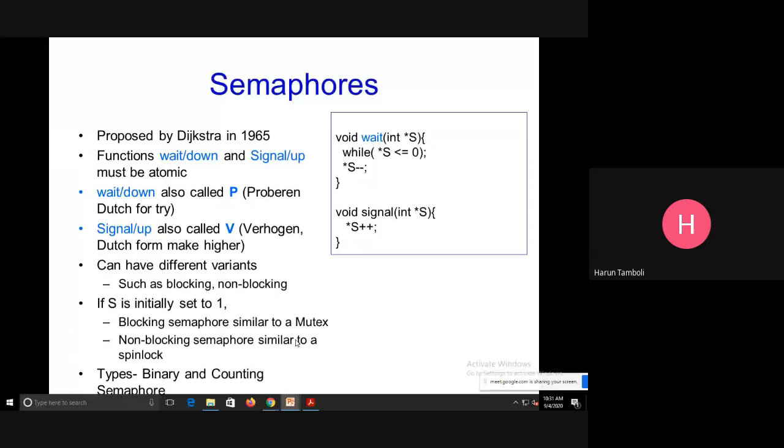But if there are 4 to 5 printers, then we can use the counting semaphore. If there are 5 printers, then you can initialize the count of the semaphore up to a maximum of 5. So if there is a single instance, implement a binary semaphore. If there are multiple instances, then we can implement the counting semaphore.